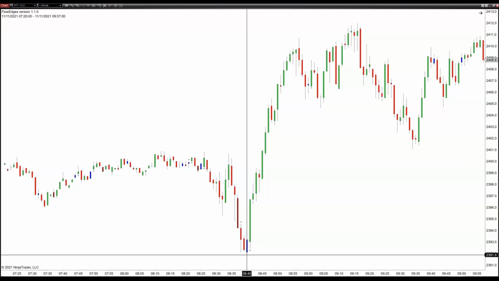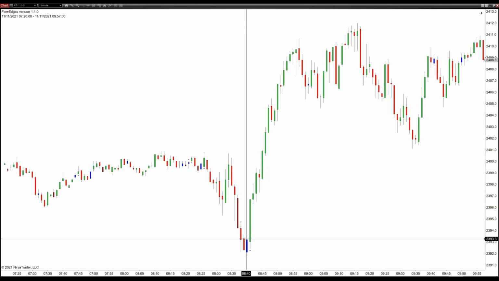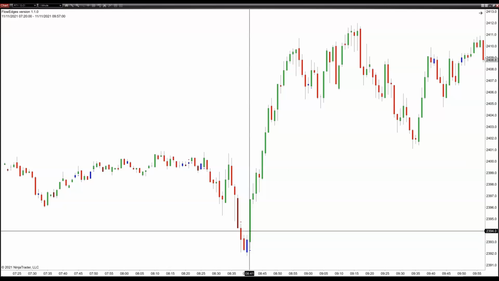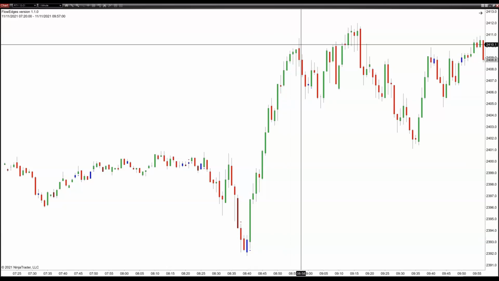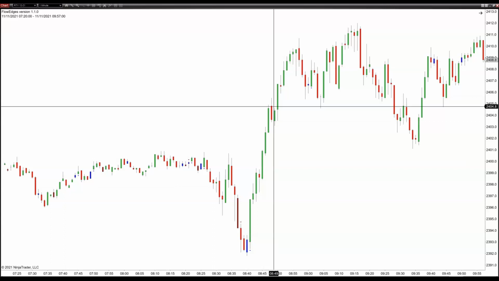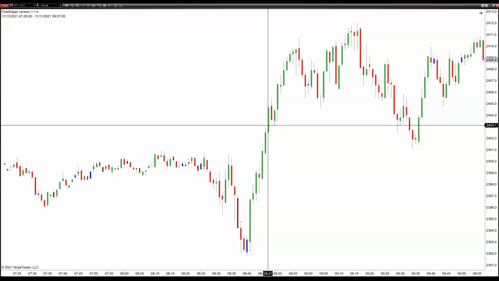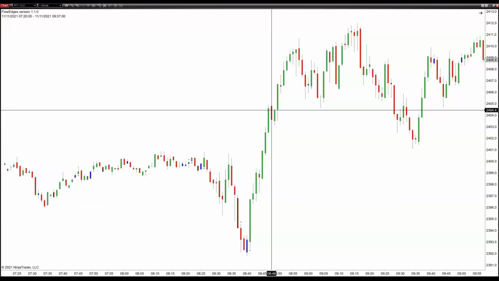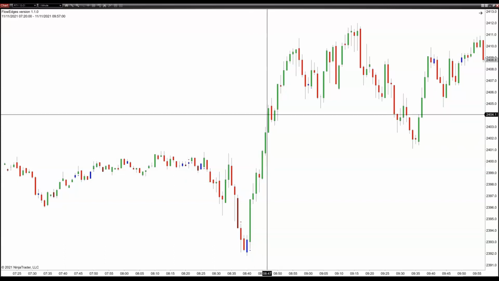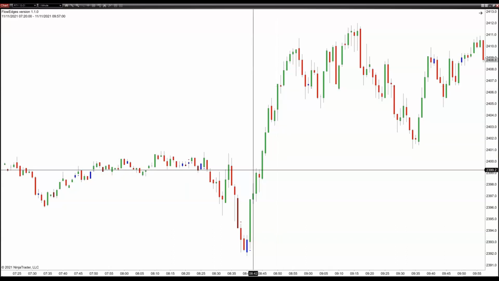Then it hit this low here, and very bullish flow came in, right? And then it rallied straight up, nice big green bars all the way up. You get a little bit of a pullback here, a small red bar here, another red bar here, but it's just stretching its legs here. This was today.